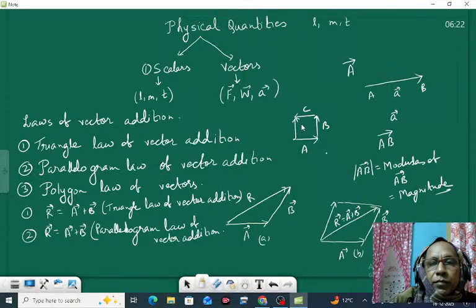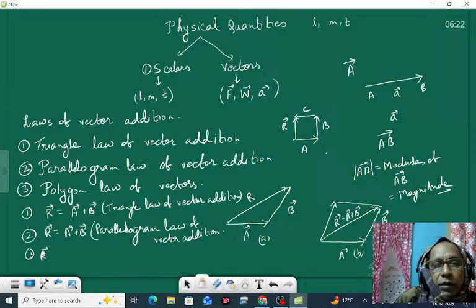Here you see, right? That means vector R is equal to vector A plus vector B plus vector C. This is known as the polygon law of vector addition.